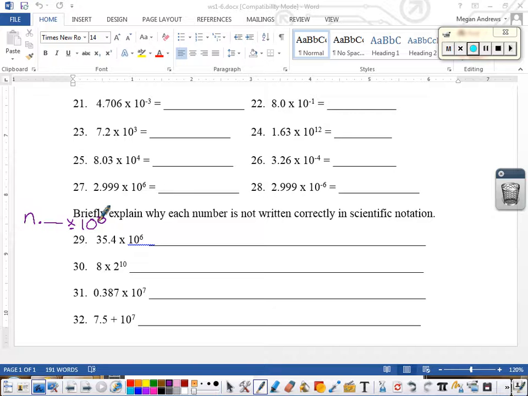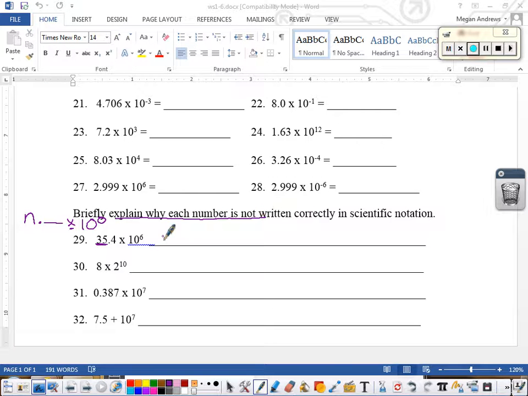So if I were doing number 29, what I'm noticing is that this is the part that's wrong. You can't have a double digit number in front of the decimal. So it says explain why each number is not written correctly in scientific notation.